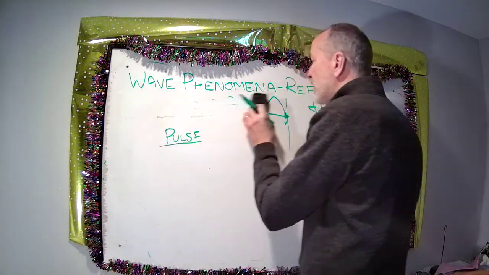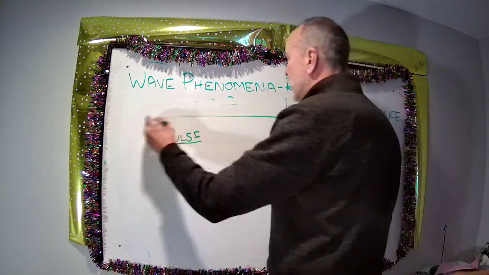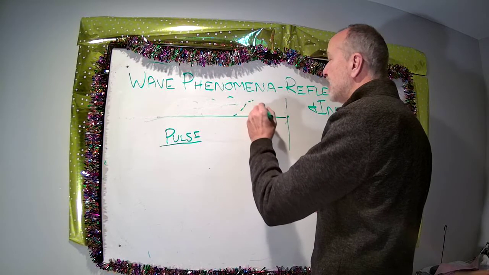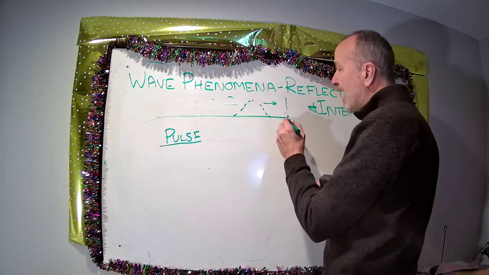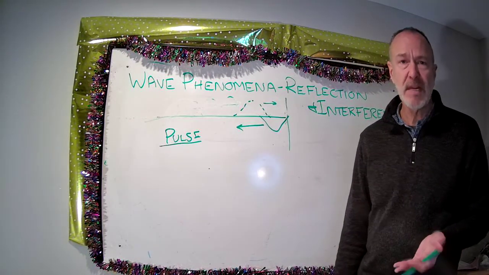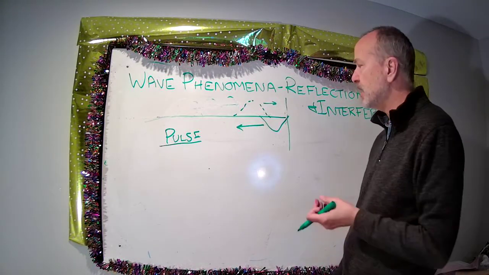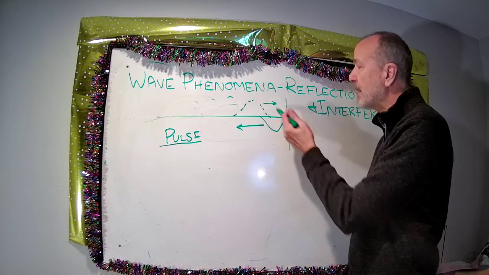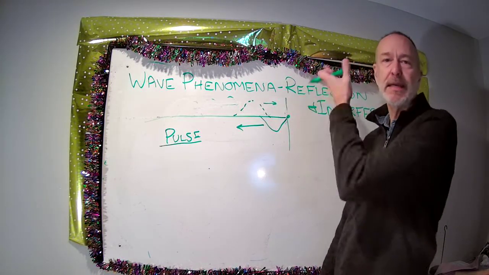So the wave comes in. I'll show it as a dashed line. The wave that was coming in like this goes out flipped over. Again, it's a consequence of Newton's third law. It's a consequence of this anchor pulling back on the thing that's trying to pull it up.